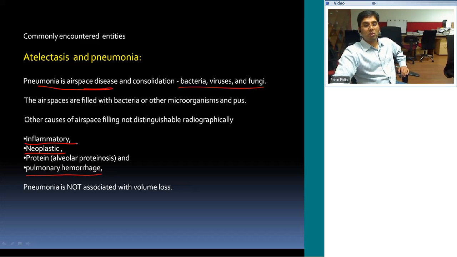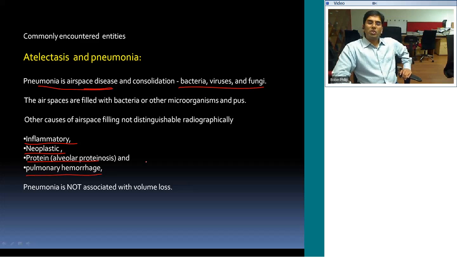Sarcoidosis can look like that. Even alveolar proteinosis, they all look the same on the radiograph. You have to be very careful. Hence the description is very important. You have to note where the opacities are located, and based on that, and then correlate with the clinical findings, you have to make a diagnosis.